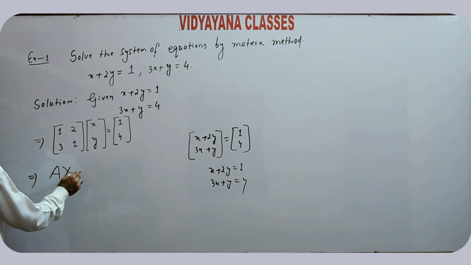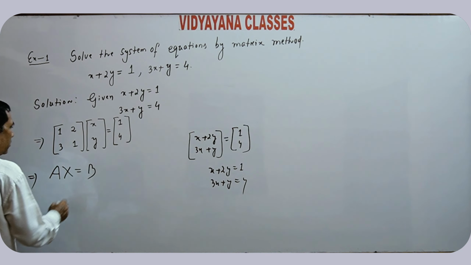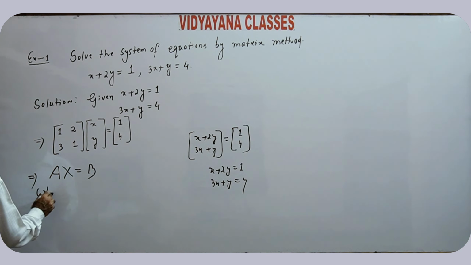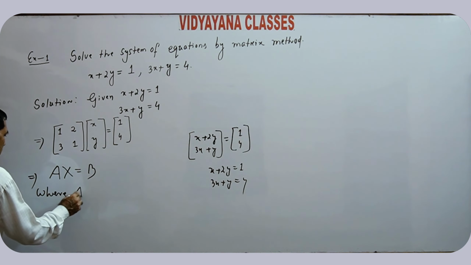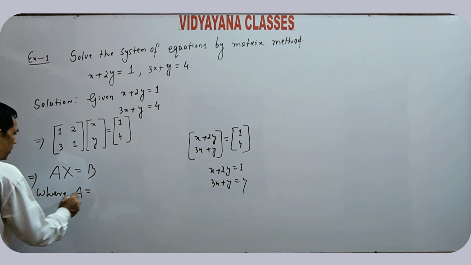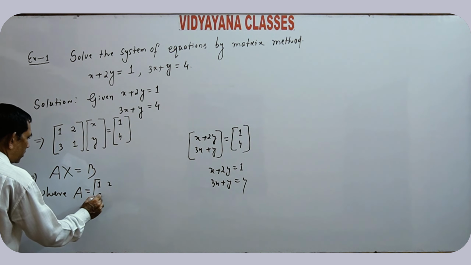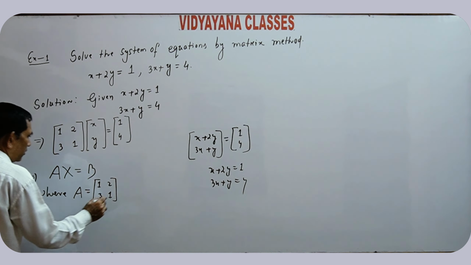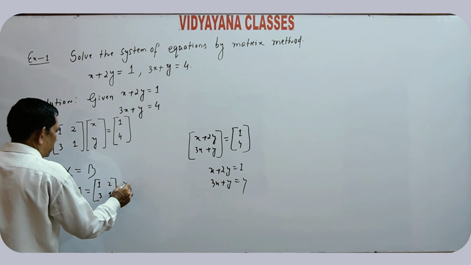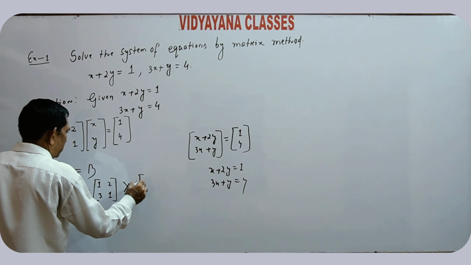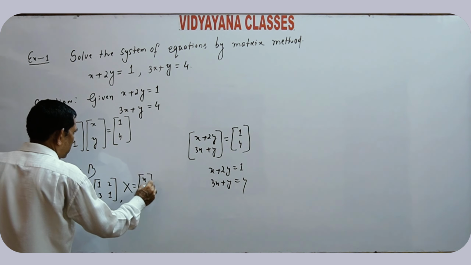Which implies AX is equal to B, where A is the matrix having elements 1, 2, 3, 1. X is the matrix having elements x, y.